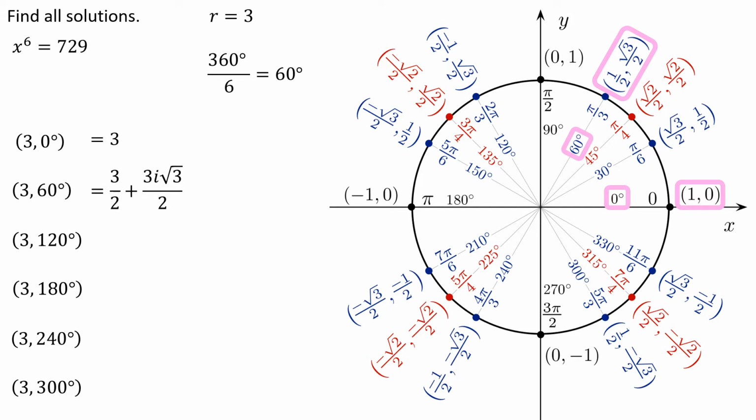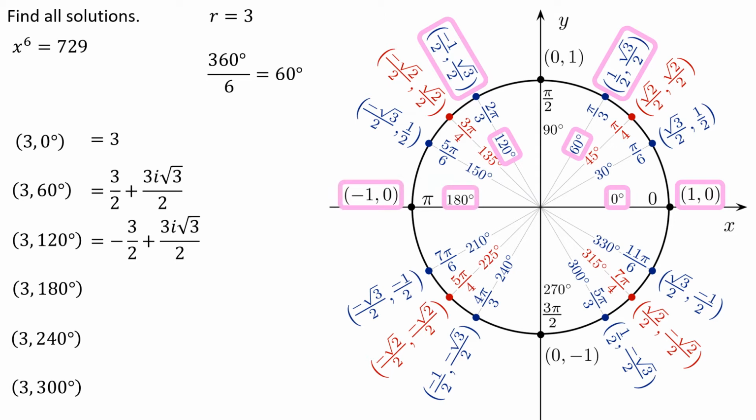Well, there it is, 3i root 3 over 2. 120 degrees. I've got a negative 1/2. So 3 times negative 1/2 is negative 3/2. 3i times root 3 over 2. There it is, 3i root 3 over 2.